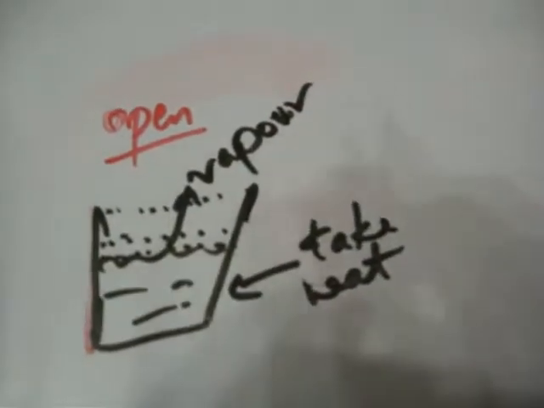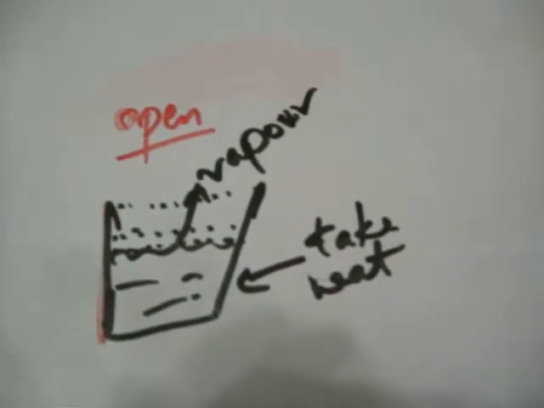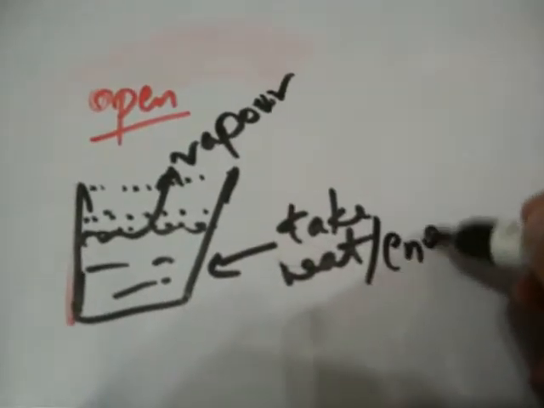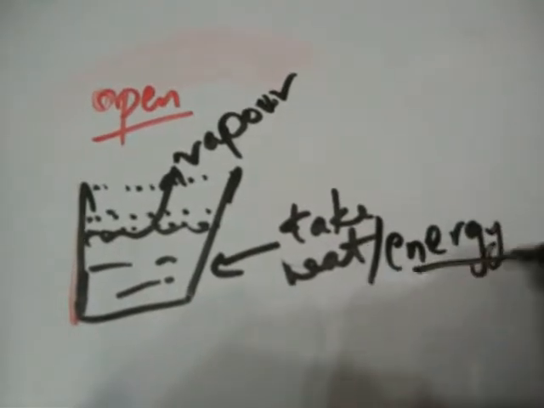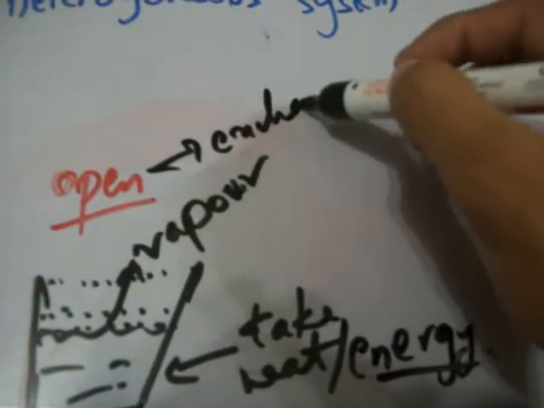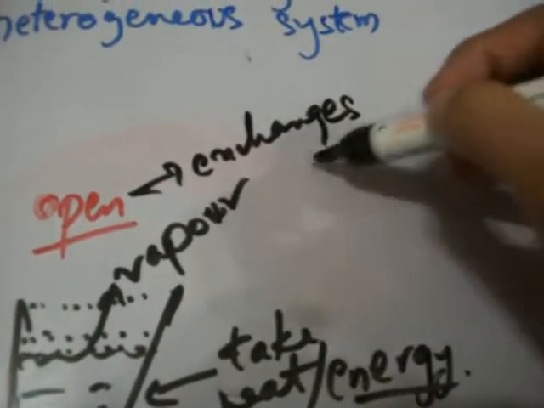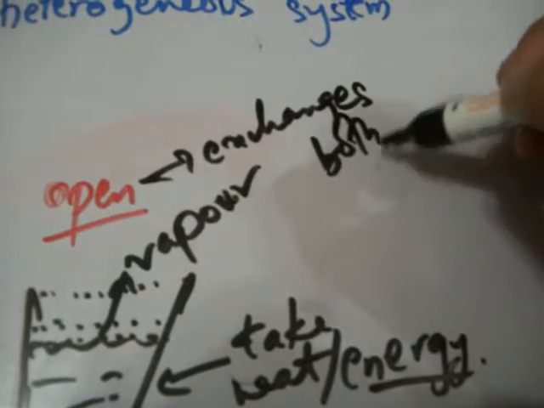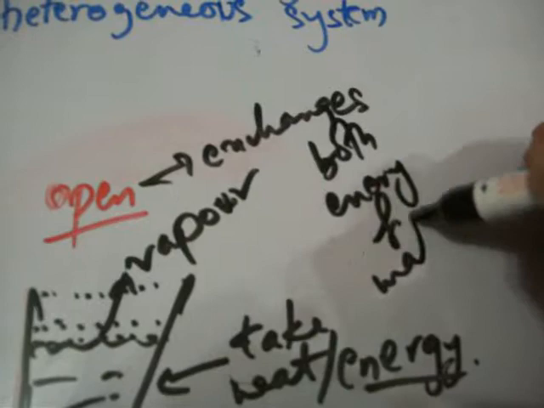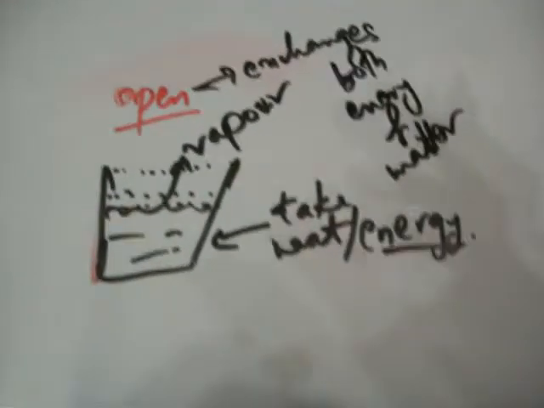Heat is basically energy. So it exchanges heat, energy and matter both. That is the open system.